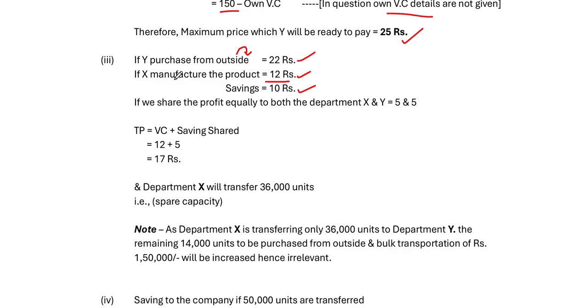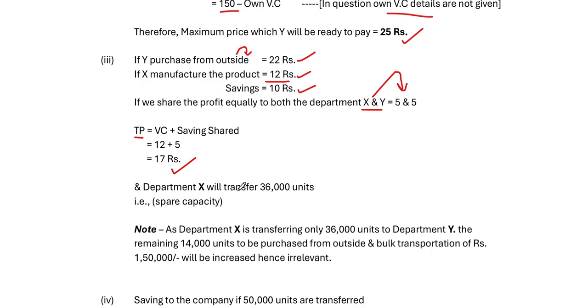If they manufacture inside, they will have 12 rupees as cost. If we share the profit equally between departments X and Y, each will get 5 rupees, right? So our new transfer price will be variable cost plus savings shared, 12 plus 5, 17 rupees.